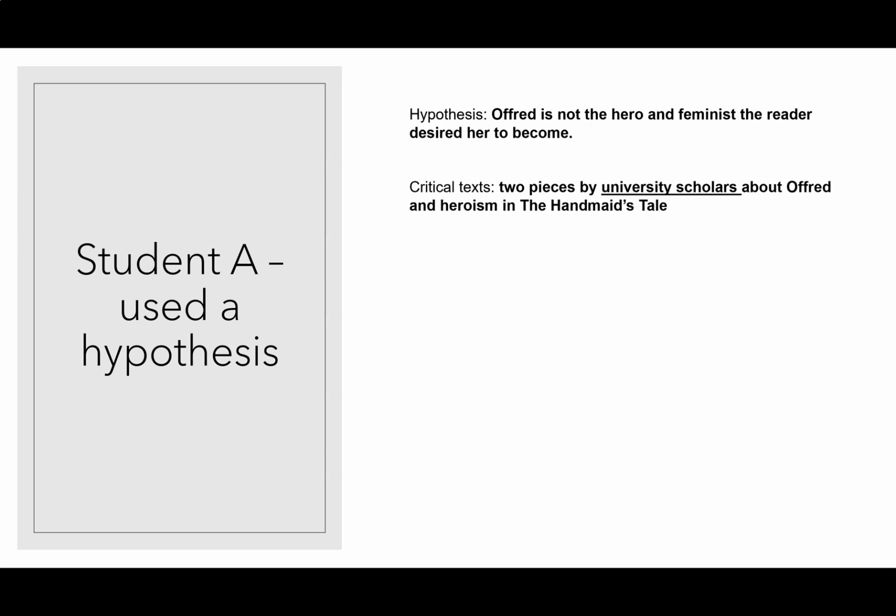Okay, so here's a hypothesis example. This student came up with the hypothesis: Offred is not the hero and feminist the reader desired her to become. To support that hypothesis, the student found 2 pieces by university scholars, one about Offred and one about heroism in The Handmaid's Tale. So this is another thing to be aware of: you don't have to find articles that are 100% already backing your hypothesis.